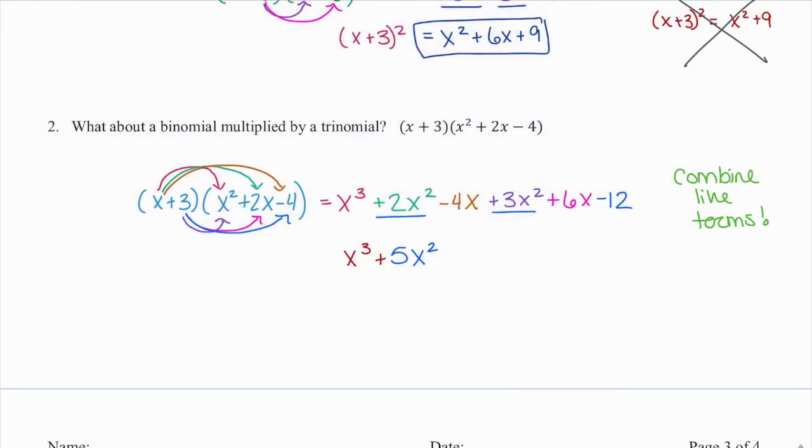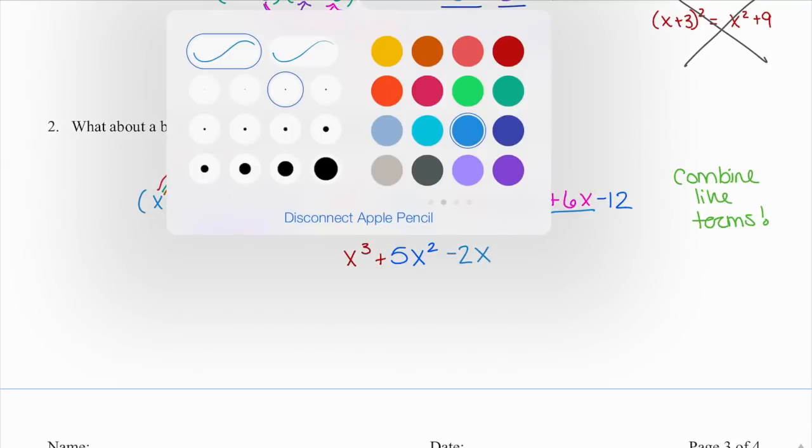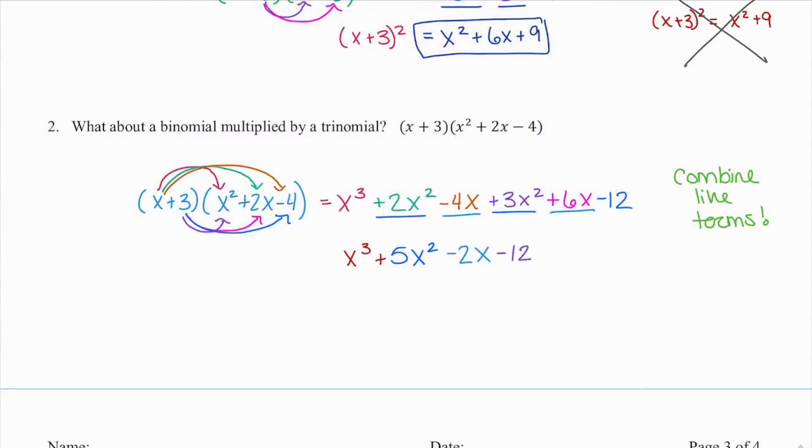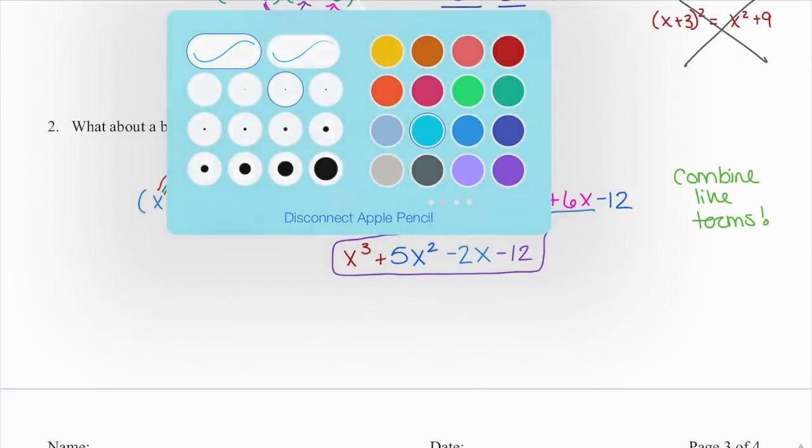My x's become negative 4x plus 6x, negative 2x... I mean positive 2x, and my negative 12 also did not change. So my binomial times my trinomial became a polynomial with 4 terms, and all I did was distribute. Bottom line, just distribute.